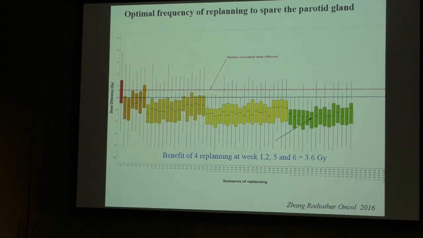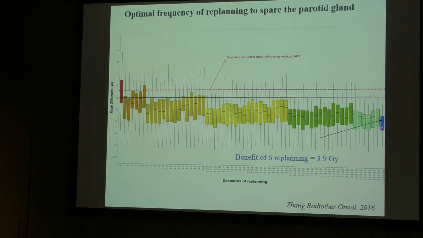I don't know if you understand these results as well. And 5 replannings is there, and 6 replannings is there. This is really trying to quantify the benefit of several combinations of replanning during treatment, and trying to choose the best approach.